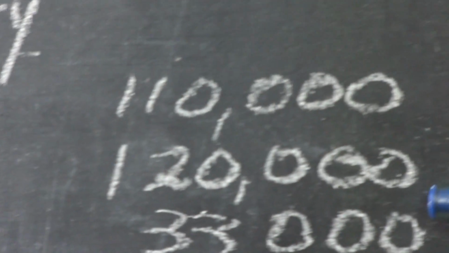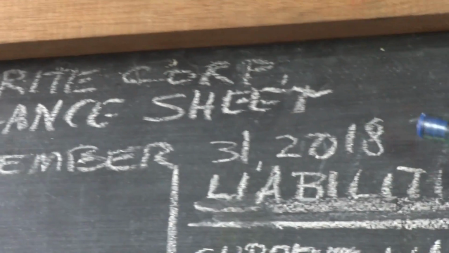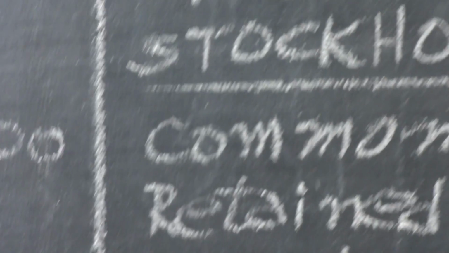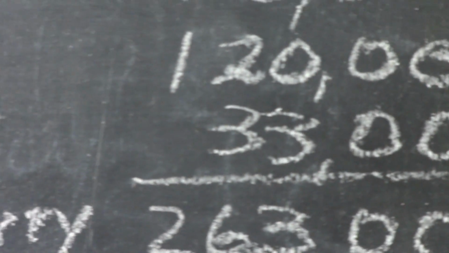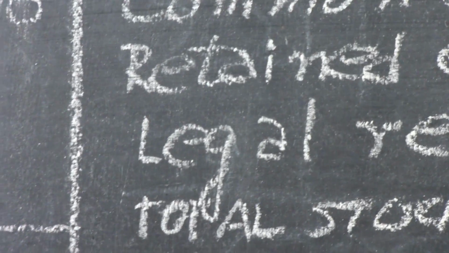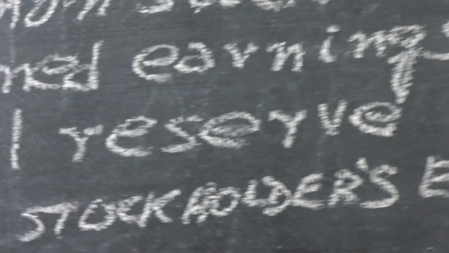Then we have retained earnings by $20,000, which are the profits the Bright Corporation has obtained from its foundation until the day of the balance sheet. And we have the legal reserve by $33,000, which is the money to cover possible losses that Bright Company may have.